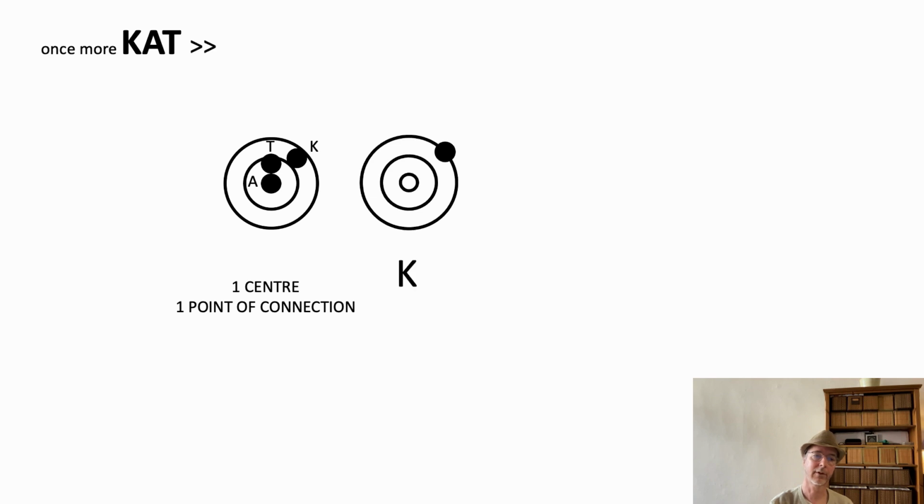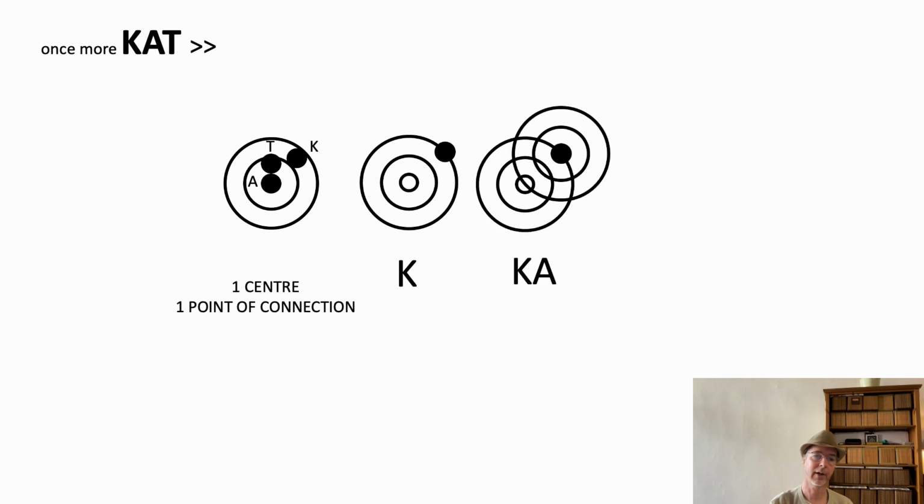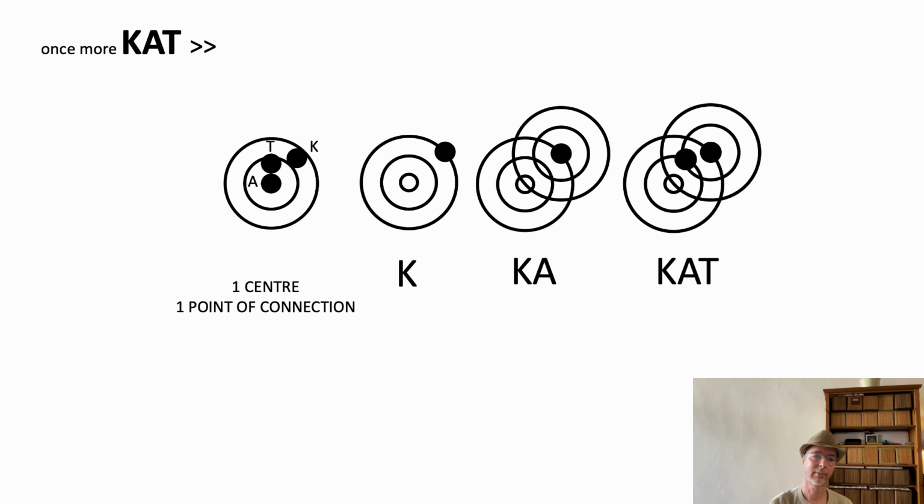The other way, the other order of words, you start with K, you add the center in the K, so you have K, and then the T is the first found point of connection in the volume region, so it is there.